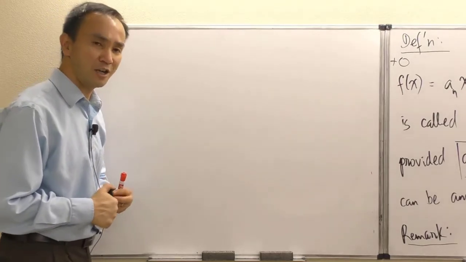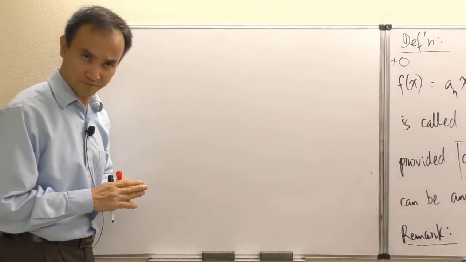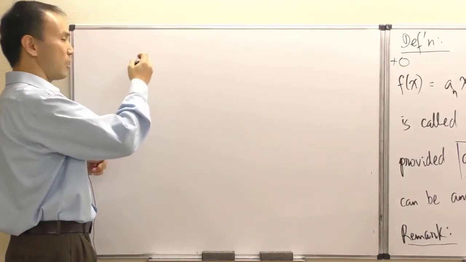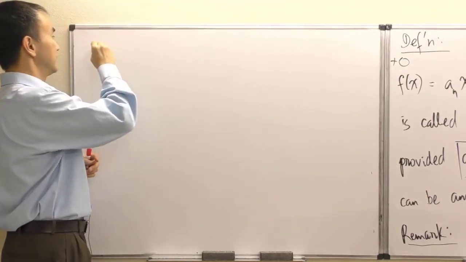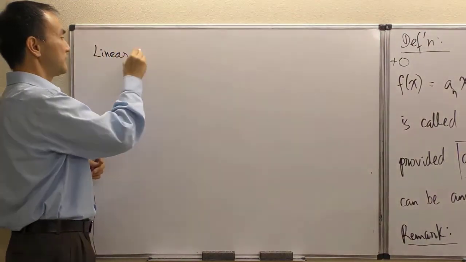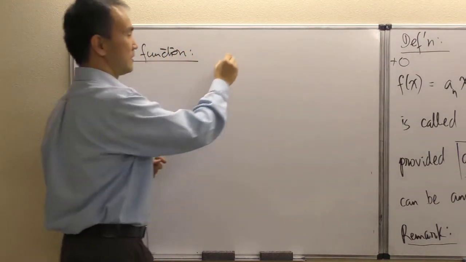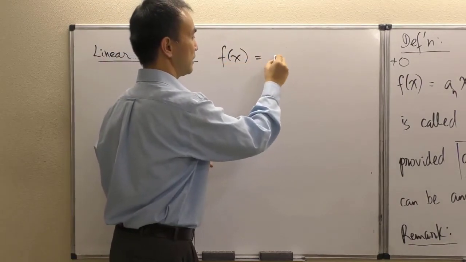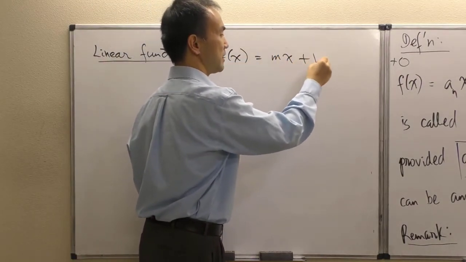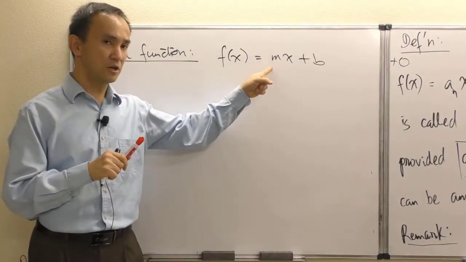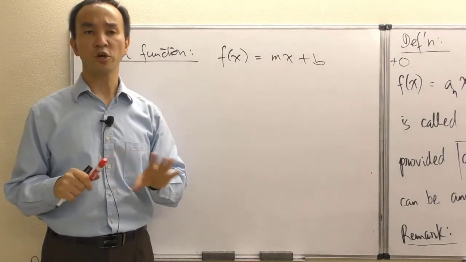We have seen long ago, from quite a few courses before this, the so-called linear functions. Linear functions were already a class of function in the form of mx plus b. Linear function, slope, intercept. There were so many ways of calling it.